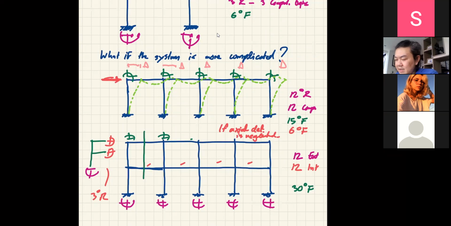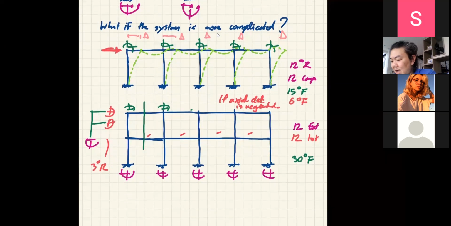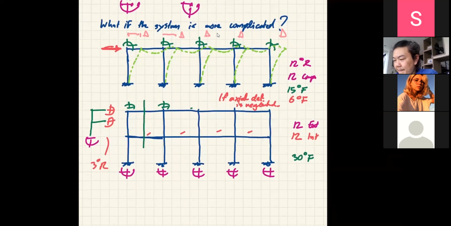So now, can you tell me, if I neglect the axial deformation of this frame, how many degrees of freedom do I have for this one? Think about it, take your time. Please don't take one day. It should take like a minute or so.